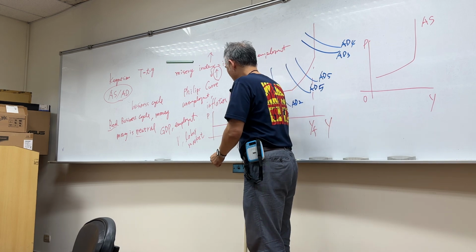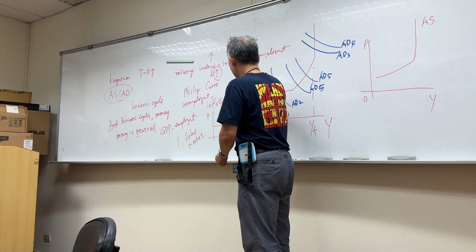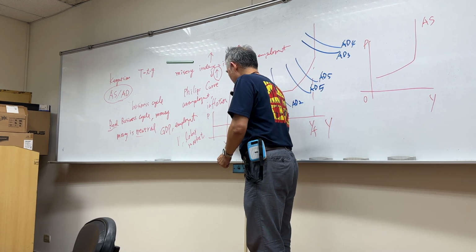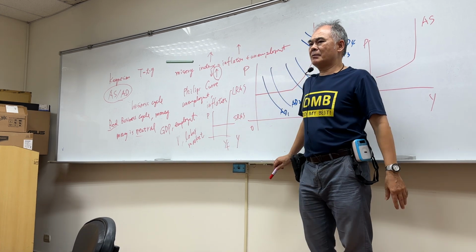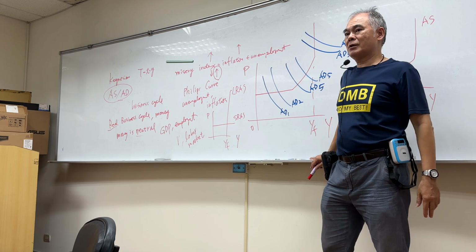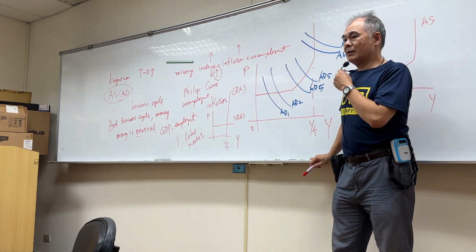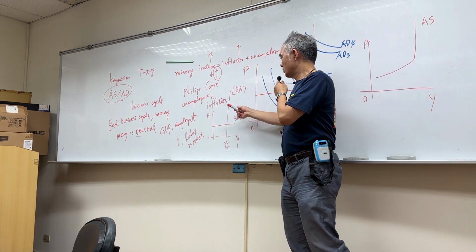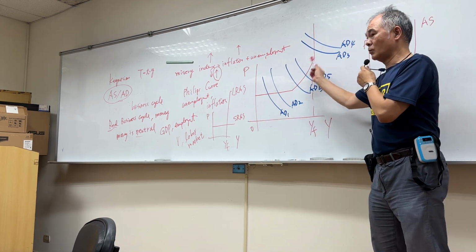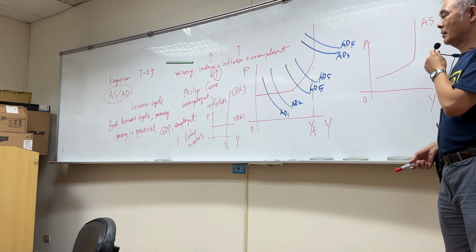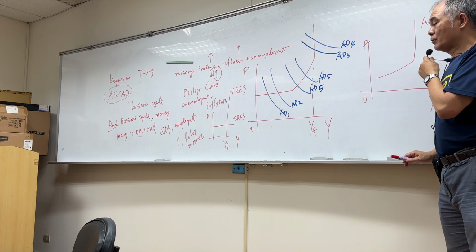And this is long run aggregate supply, and this is exactly the full employment level. But I think this kind of elaboration is a little bit strange. But many textbooks use this kind of model to explain it. But I prefer to have this one. This is better, okay? Okay, questions.